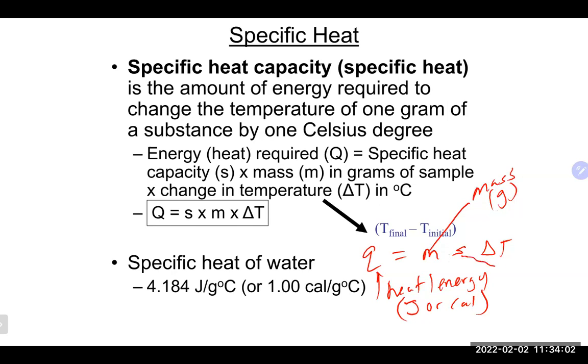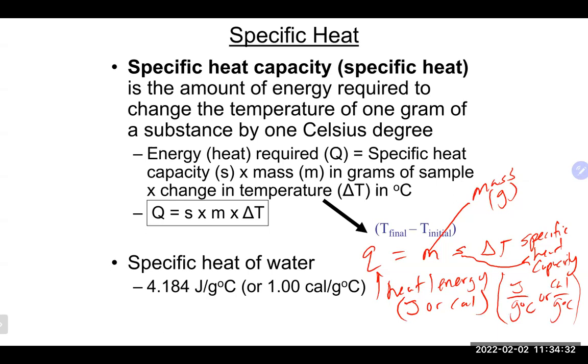S is the specific heat capacity, and it has units of joules per gram per degree Celsius or calories per gram per degree Celsius. And that is really the definition of specific heat capacity. Joules is energy, so it's the energy required to change 1 gram, on the bottom, per 1 degree Celsius.